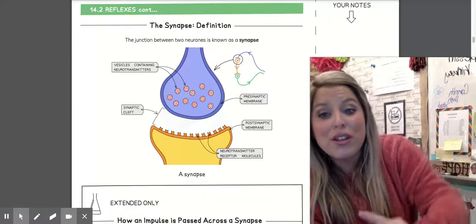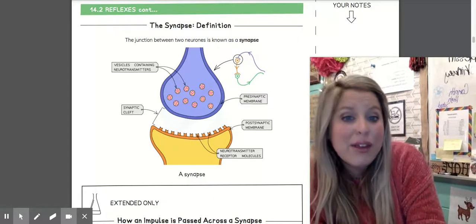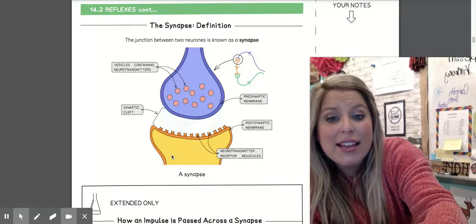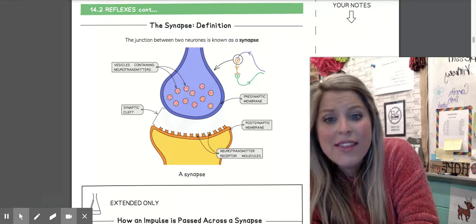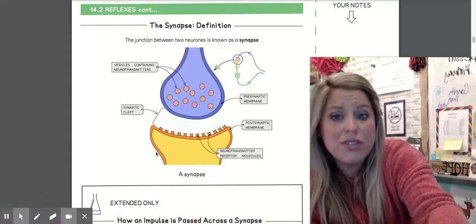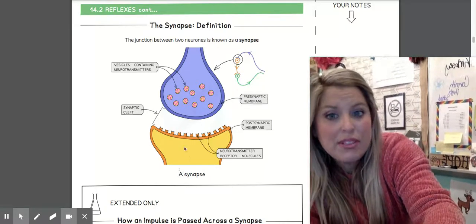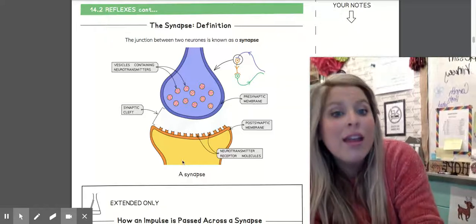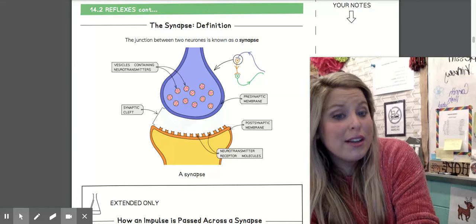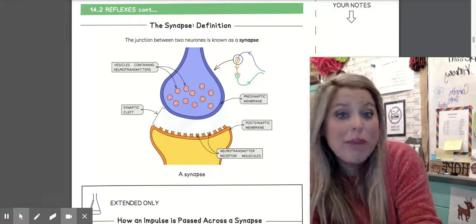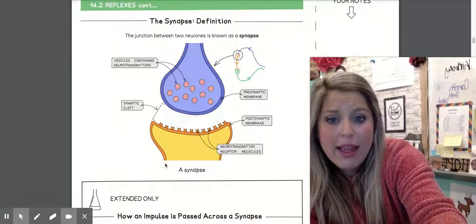They jump across the synaptic cleft into the postsynaptic membrane of that next relay neuron. Okay. And then there are neurotransmitter receptor molecules that receive that impulse to then pass it along to your relay neuron, which then will send it down its neuron into the motor neuron in the same format, okay?